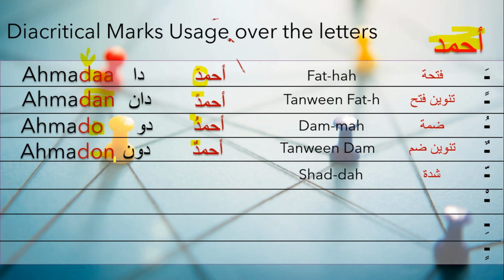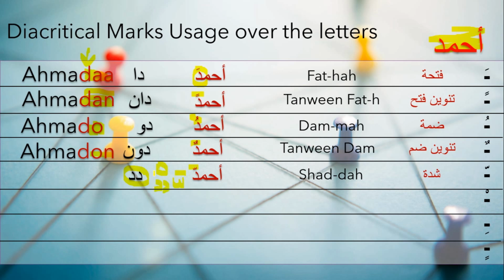Shadda here will be Ahmadd, but in the name Ahmad there is no shadda. It's just for illustration. There is no shadda in the name Ahmad. It will never come in the name Ahmad, but here it is just to express how it affects the letter. Whenever you write shadda here, without any vowel, it will be sukun.